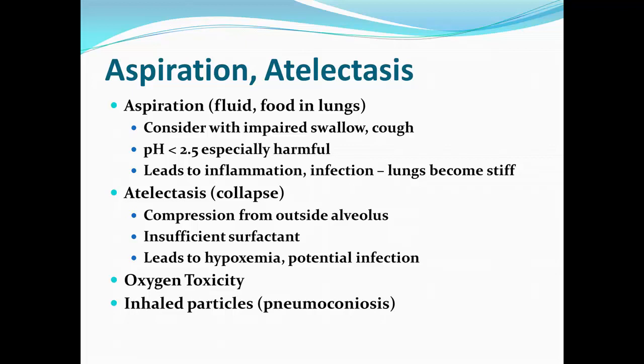So as a result, because of the damage to the epithelium and the inactivation of the surfactant, you now have structural changes. When we think about acute exposures to high FiO2s, generally you think about central nervous system effects, like hand or muscle twitching, seizures, things of that nature.